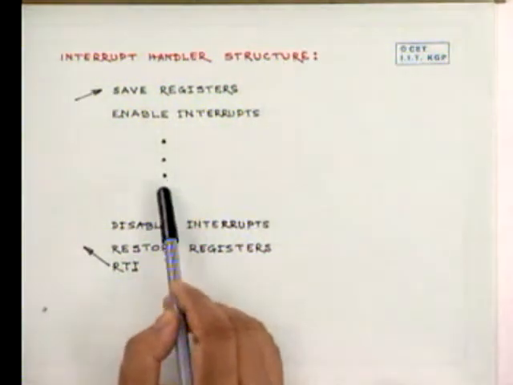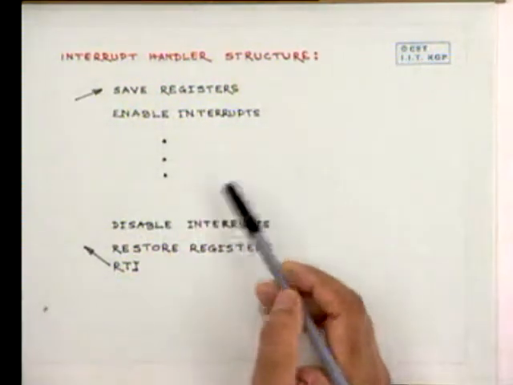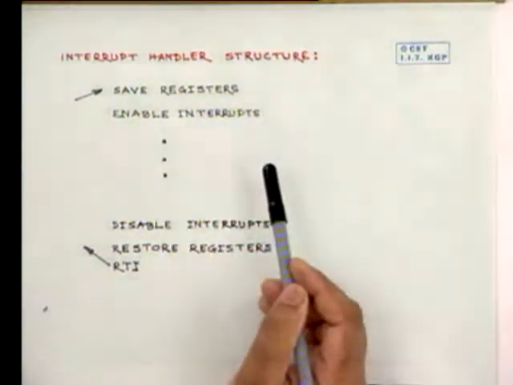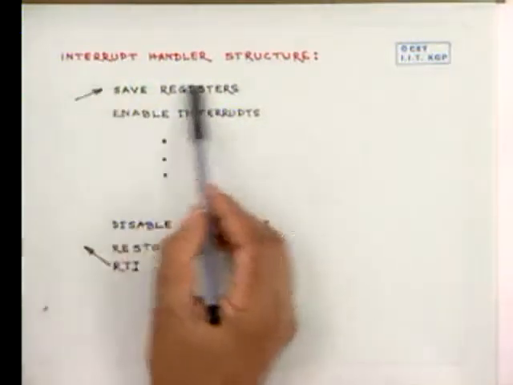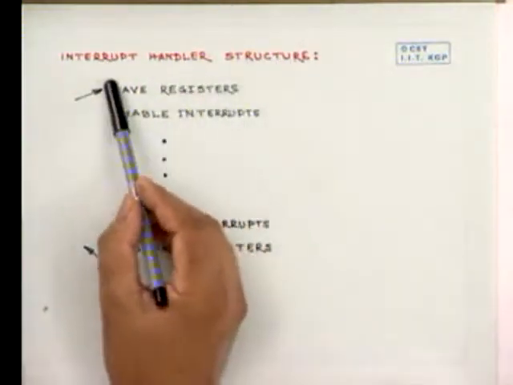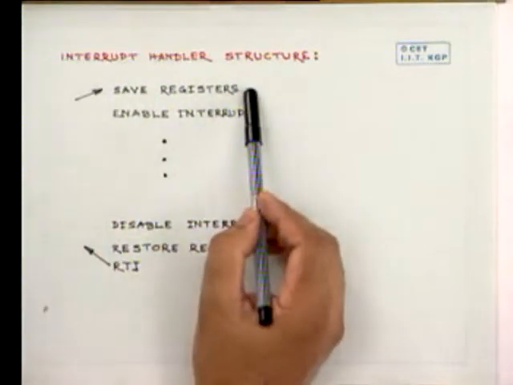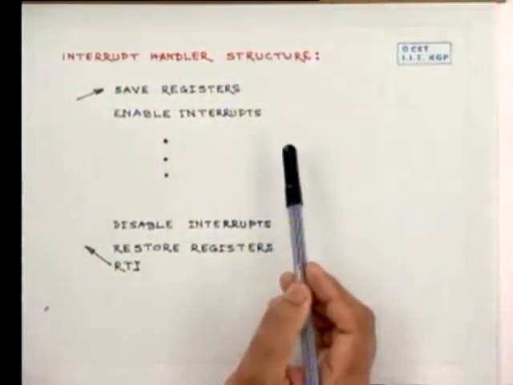In that case, a complete context switching, that means a complete change of the total environment under which the program is being executed, need not be done. What exactly we mean by context switching, we'll see once more when we discuss the operating system. But some changes naturally have to be done. For example, if the interrupt handler wants to use these registers, the register values have to be saved in memory locations.